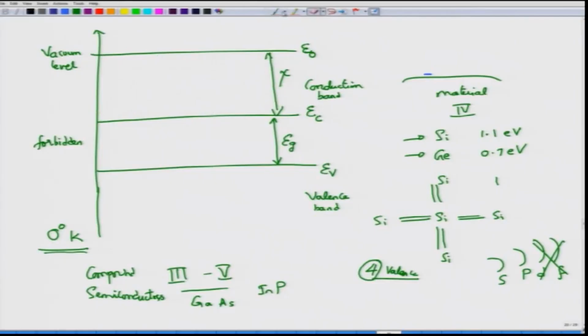Now, let us assume that the temperature is greater than 0 degree Kelvin and see what happens. Well, we have talked about this party analogy. In that analogy we took this as the ground floor and this as the first floor, where people from the ground floor can go to the first floor, and when they do so they leave a vacant space behind, and we call this vacant space a hole.